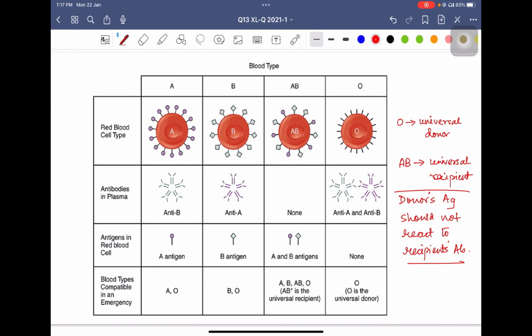This is the rule in case of blood transfusion, that the donor's antigen should not react to the recipient's antibody.